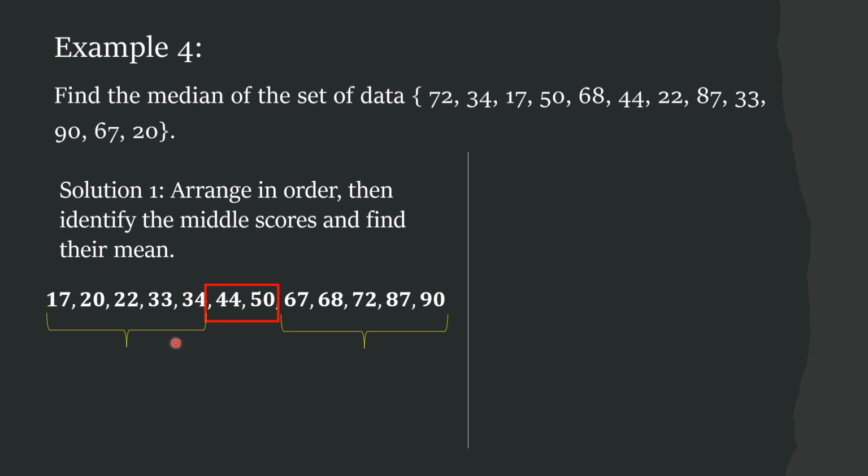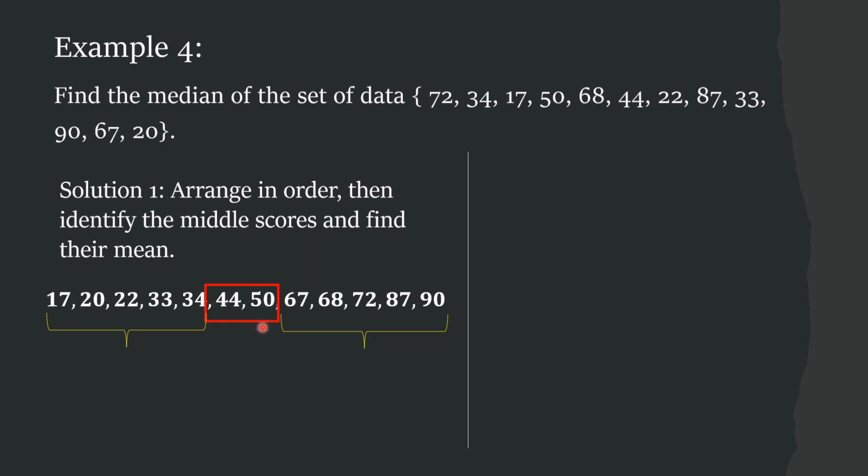Let's check if these two are the middle scores. Make sure that the number of scores in the lower half is equal to the number of scores in the upper half. In the lower half, there are 1, 2, 3, 4, 5 scores. In the upper half, there are 1, 2, 3, 4, 5 also. Therefore, they are equal. Then the 44 and 50 are the middle scores.